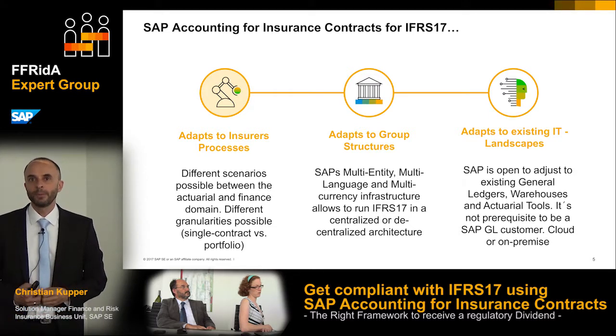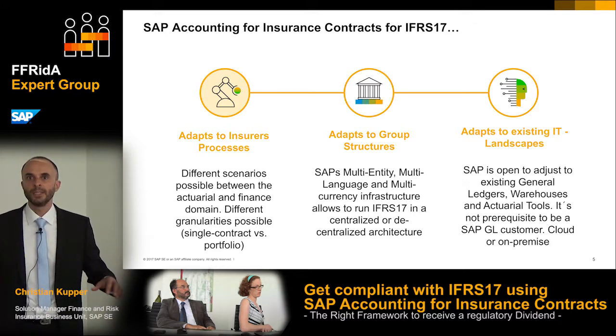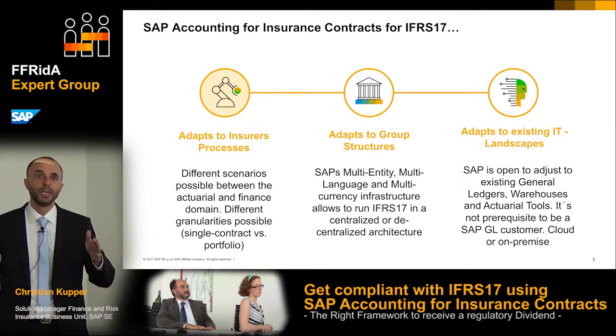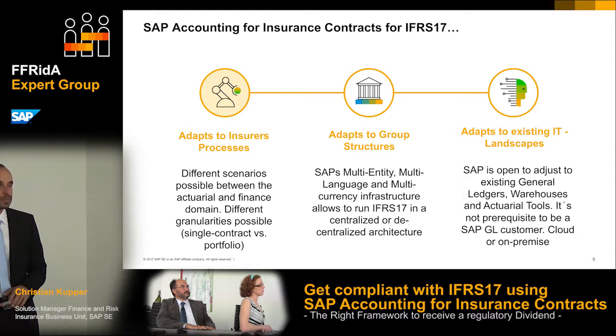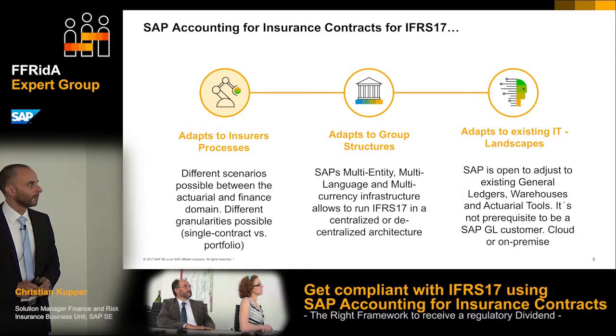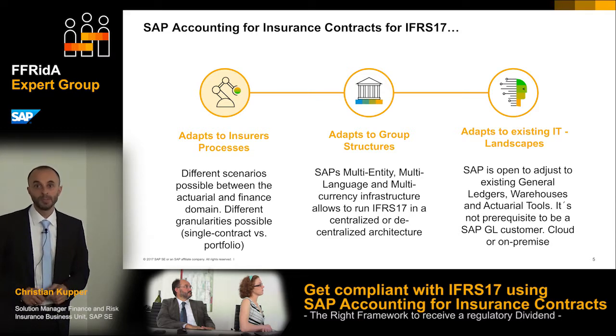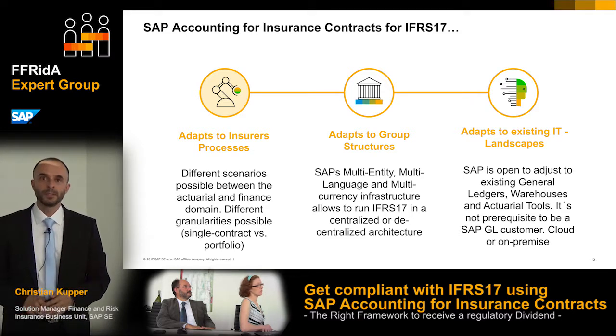Or we maybe have more decentralized organizations, so all the countries can have their own Insurance Analyzer, which is feeding either local GLs or a group GL. So there are different architectural setups possible now.